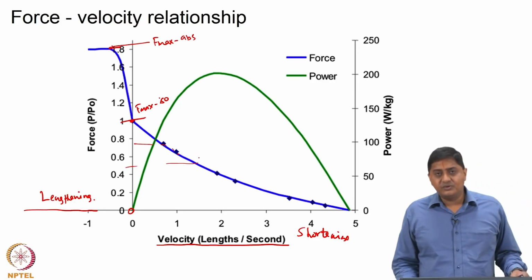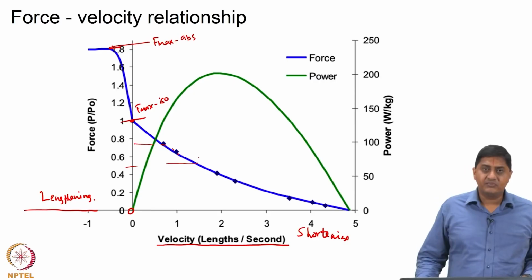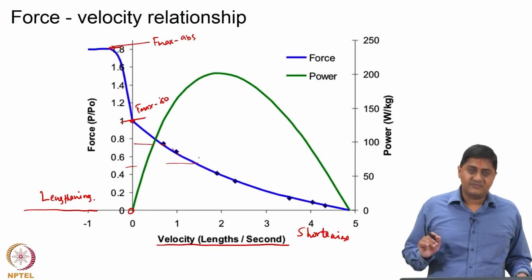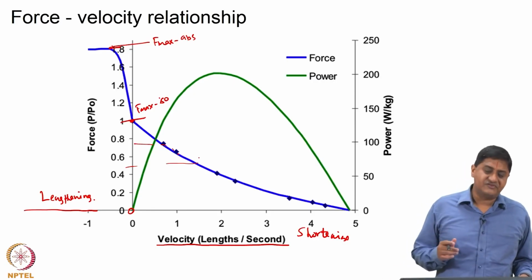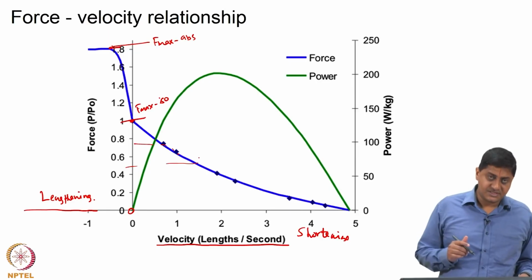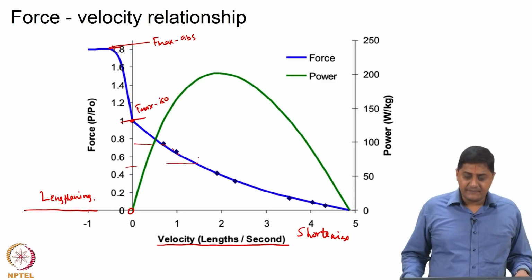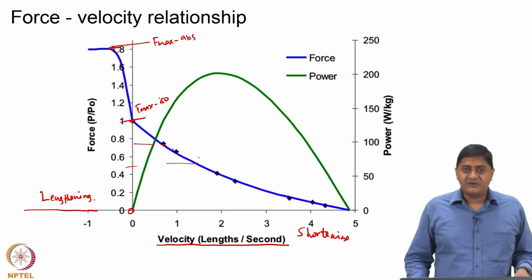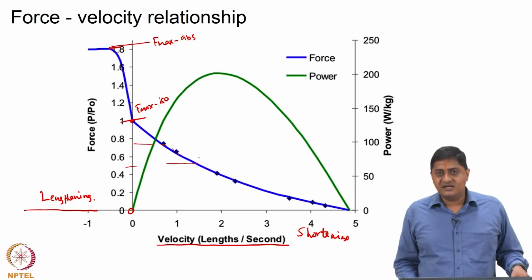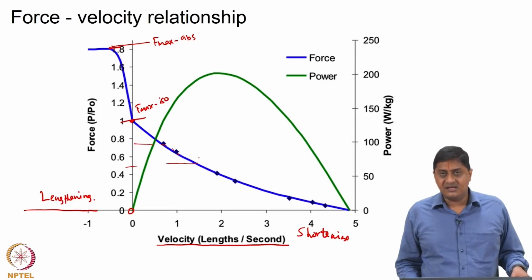An important point to note is that the preceding activity affects how the muscle behaves, right. In other words, if before this experiment the person has done some exercise, then the muscle will behave in some manner. If the person has not done any exercise or is at rest, the muscle will behave in a different manner.